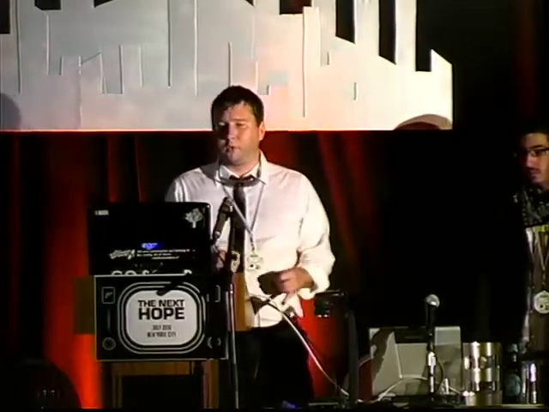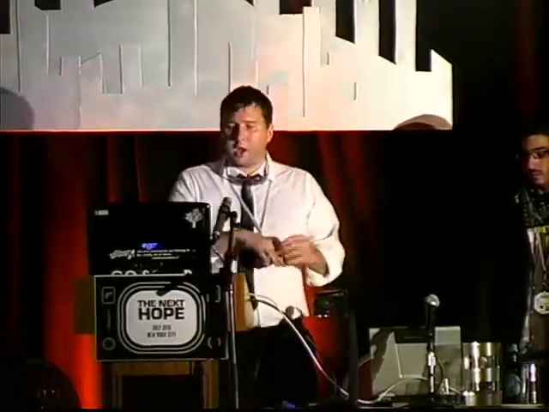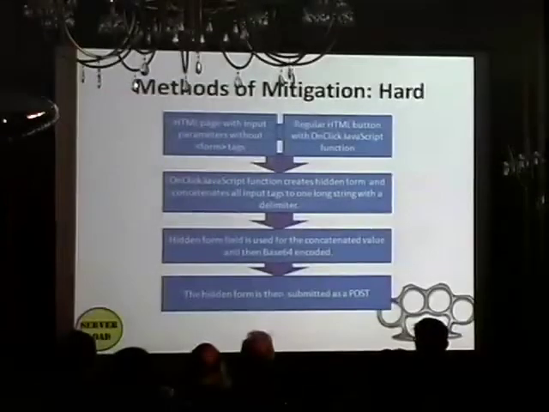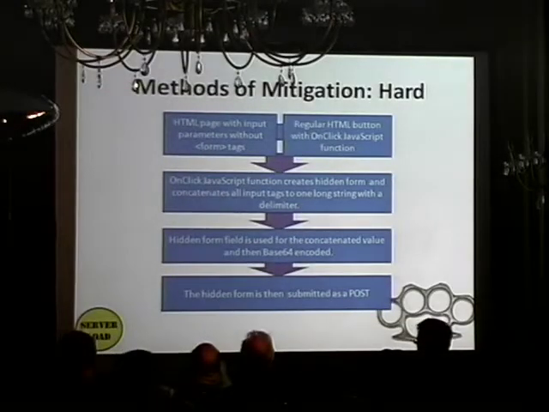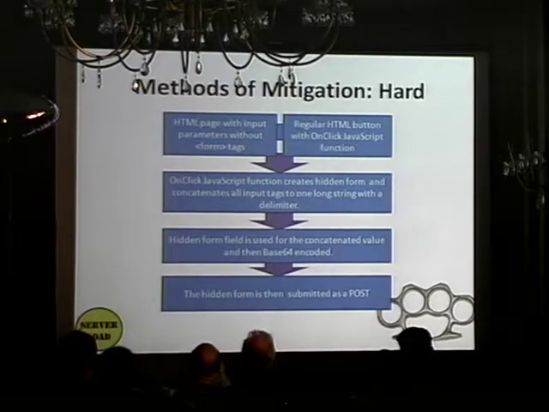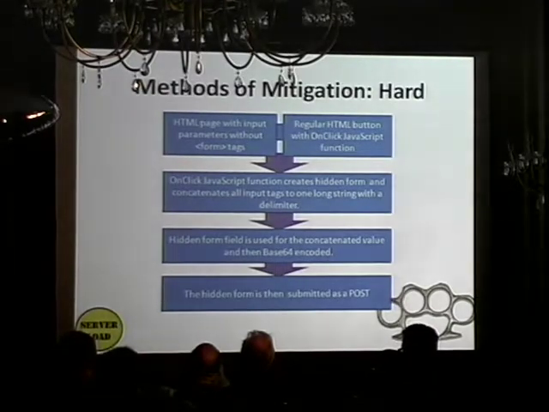This is actually a little more where we have input fields without form tags. Then we use a regular HTML button with an onClick JavaScript function. From the onClick JavaScript function, it creates a hidden form through JavaScript, concatenates all the input tags into one long string with a delimiter, then uses a hidden form field to put the concatenated value, base64 encoded.